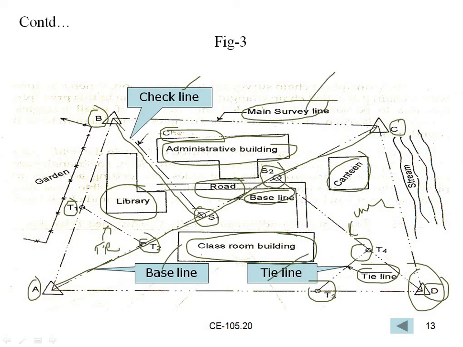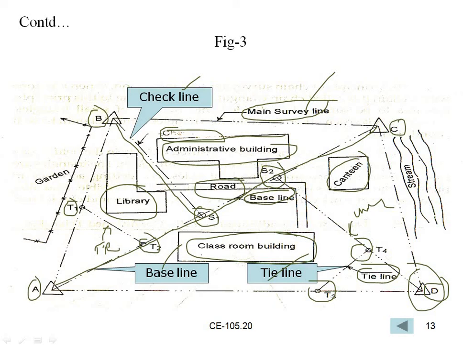So the outer portion is called main survey line. The outer lines are connecting the areas of the main survey lines, and these check lines are connected to the baselines. From the check line and baseline, the tie lines will be connected, in between the main lines. The line connected between the main line and baseline is called check line.